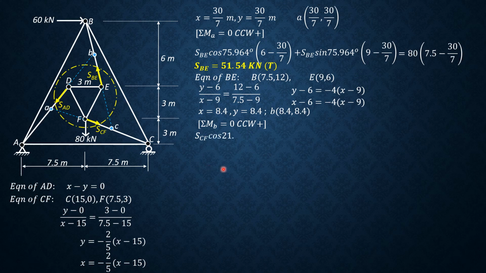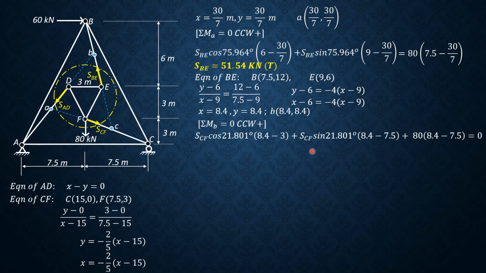So SCF cosine of 21.801 degrees times 8.4 minus 3. The vertical component is downward, so it is also counterclockwise. SCF sine of 21.801. The moment arm is 8.4 minus 7.5 because that's 7.5 and that is 8.4. Then plus 80 times the same moment arm, quantity 8.4 minus 7.5, equals 0.